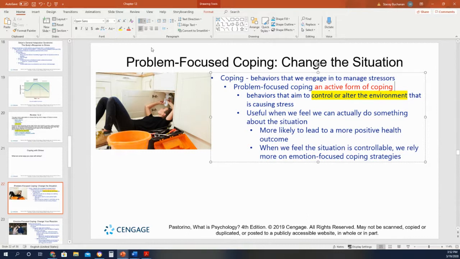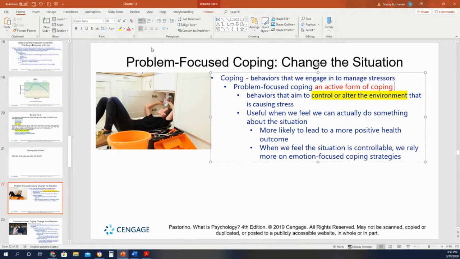So they're probably going to be more likely to use problem-focused coping. But what about people who have an external locus of control? They feel like they have no control over their environment. They are going to be less likely to engage in this type of coping.